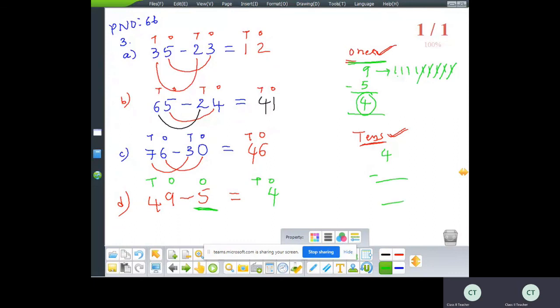So we should write 4, only 4. 9 minus 5 is 4, and 4 is written directly here. The answer is 44. 49 minus 5 is equal to 44. This is the answer for D.